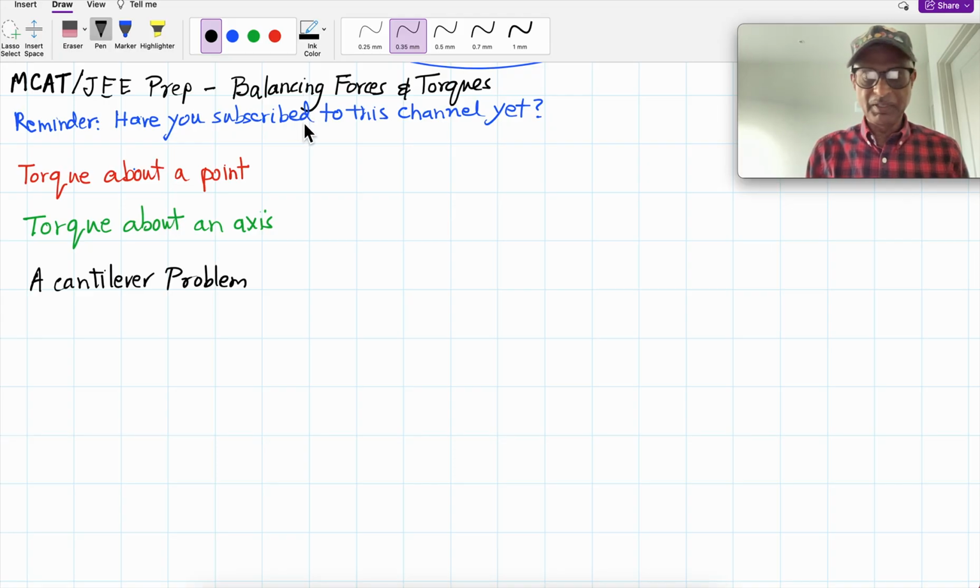We did momentum earlier. Okay, so from momentum, normally you will go to energy, but I'm going to jump and talk a little bit about torque kind of ideas.